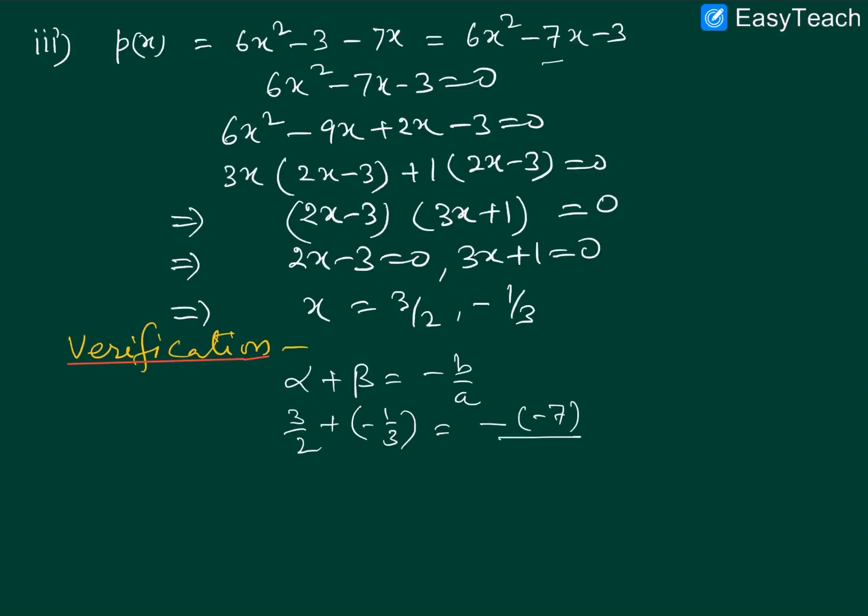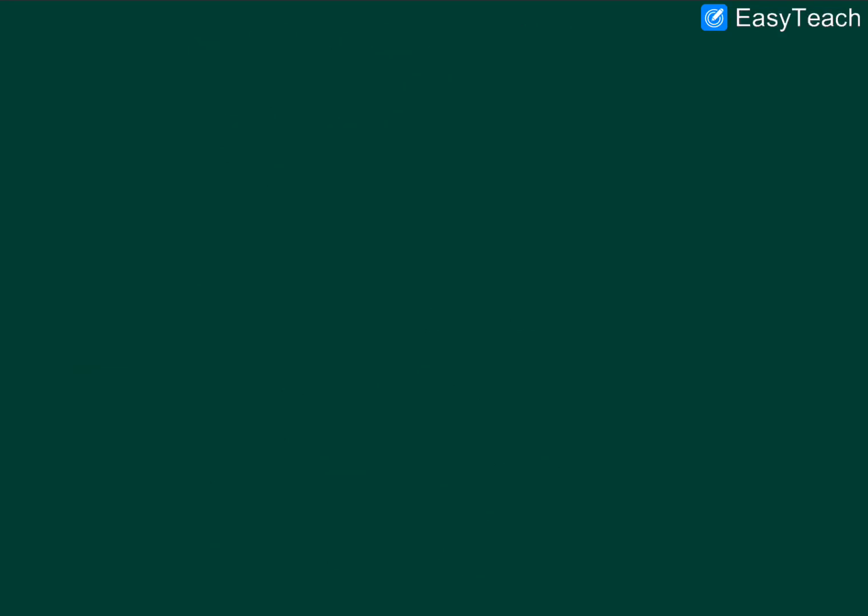So, minus b by a is 7 by 6, which further gives LCM of 6. Here we get 9 minus 2, that is 7 by 6. Both sides are equal. Thus, this relation is verified.